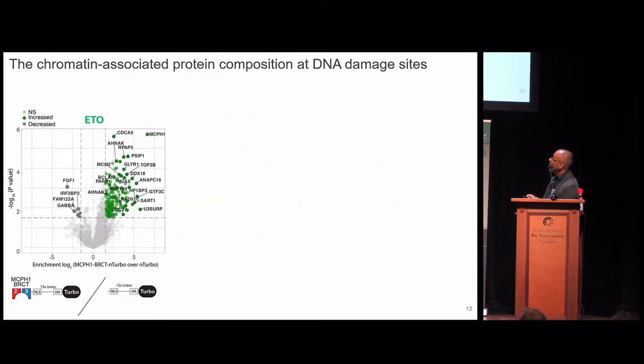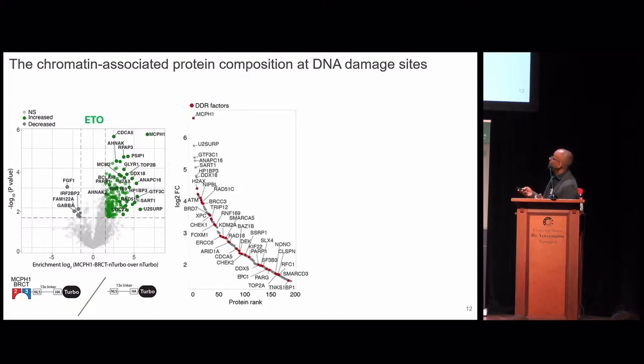So what we found, as you can see here in this volcano plot, is that we get high enrichment upon treatment with etoposide. And you can see here that we do get a bunch of the proteins that are expected to be recruited to these sites upon double-strand breaks. I will just give an example of some of them.